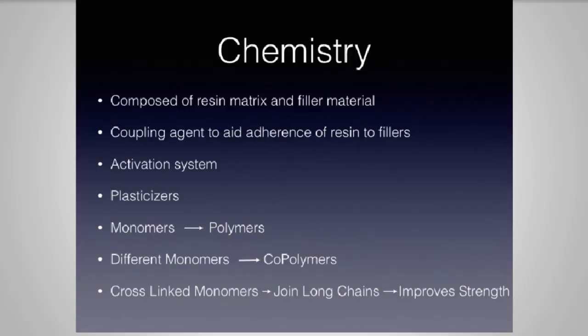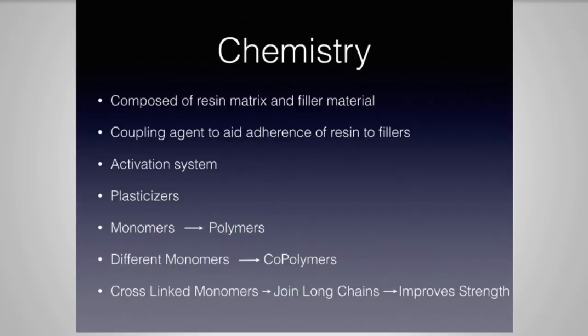Understanding that the monomers, when activated, create the polymers that become our final restorative material as they congeal and basically solidify around all of the filler materials. And as time has progressed, different types and combinations of monomers have been mixed to create copolymer materials that enhance our materials.